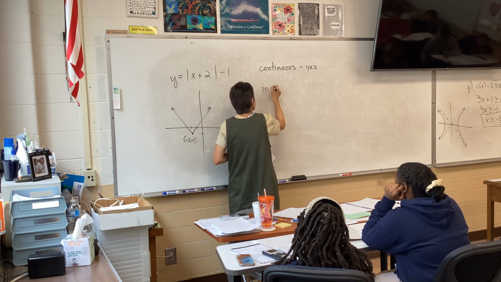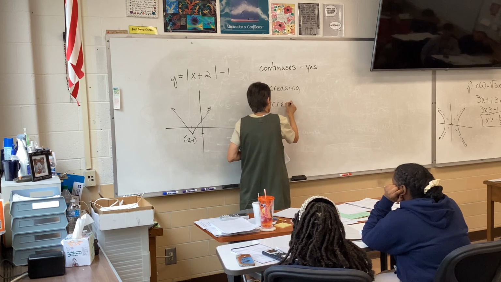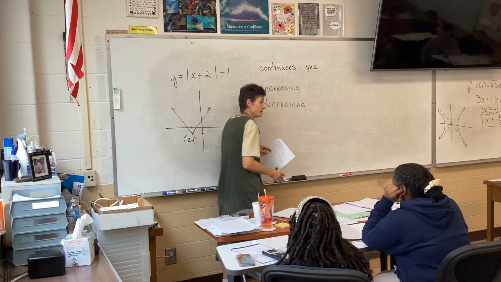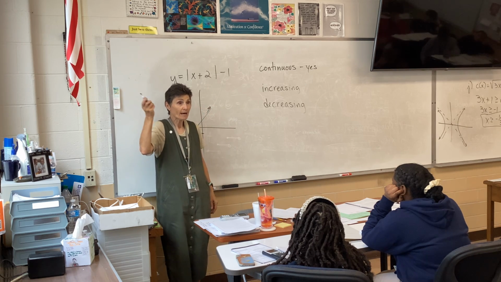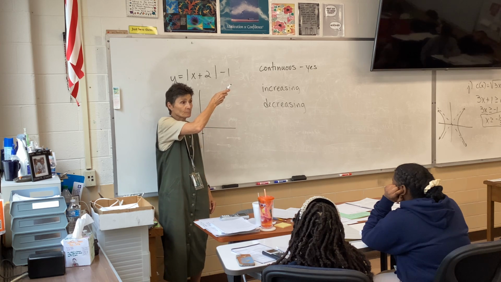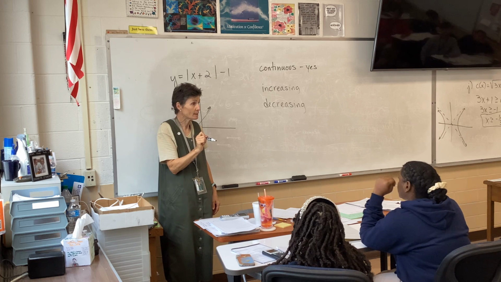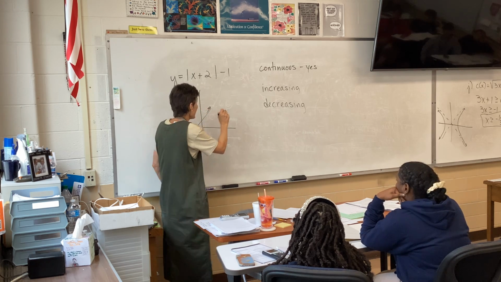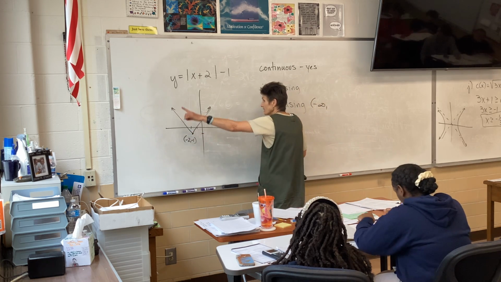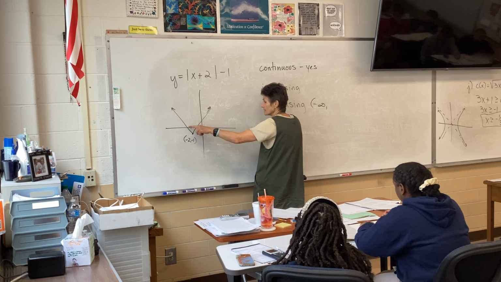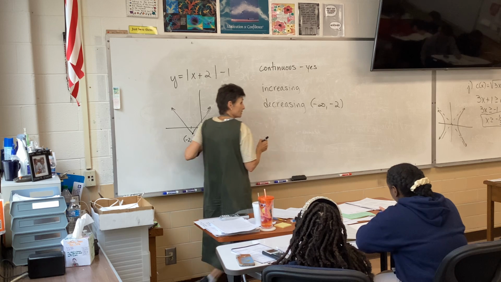All right, increasing versus decreasing. Some functions are all of one, and some functions are kind of split between them, but again, we're moving left to right. So what happens in this picture, as I started, I am going down. So I am decreasing from -infinity until I get to what? I'm moving left to right, so I'm looking at the x's. Until I get to -2, I'm decreasing.